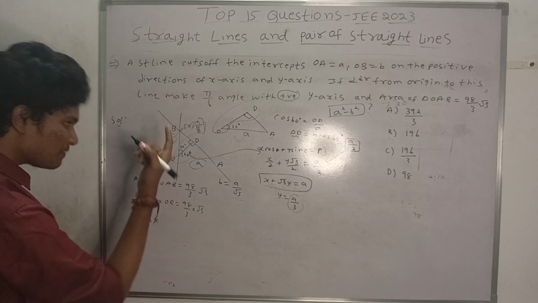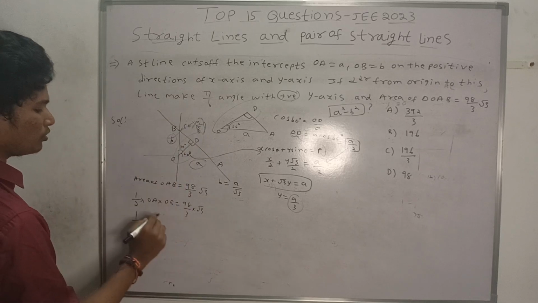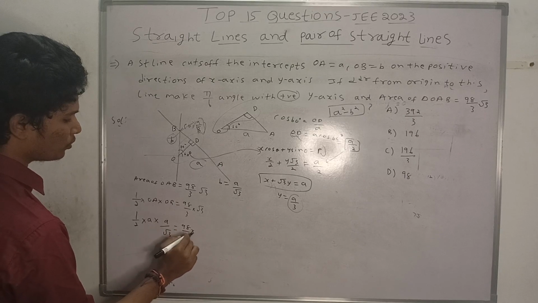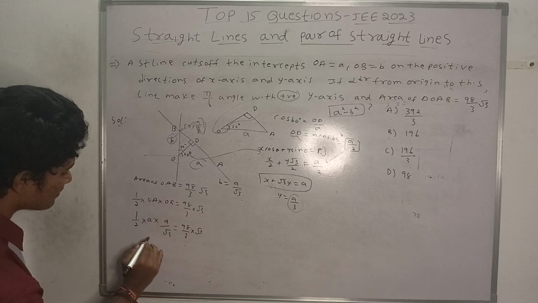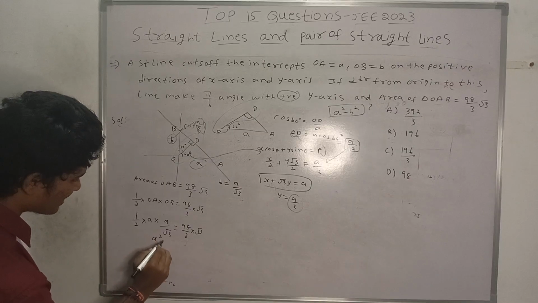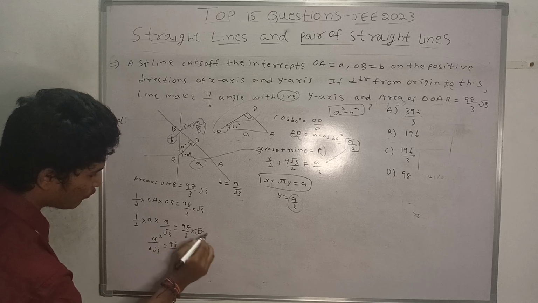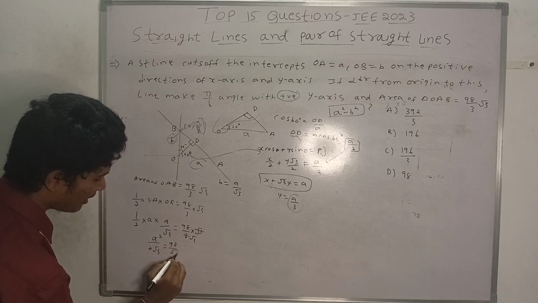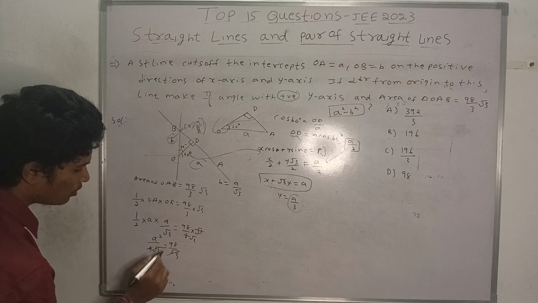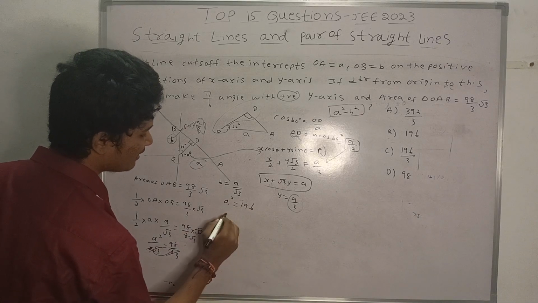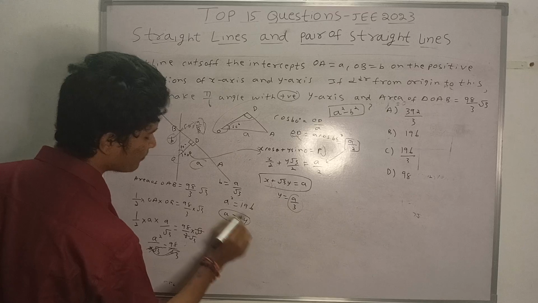OB is B, but B can be written as A by root 3. So A square divided by 2 root 3 equals 98 by 3 into root 3, here we can cancel root 3, and when we multiply by 2 we will get A square equal to 196, A equal to 14.